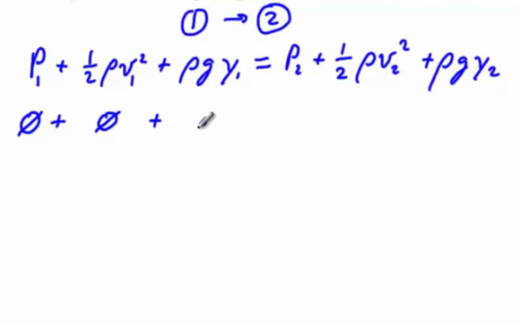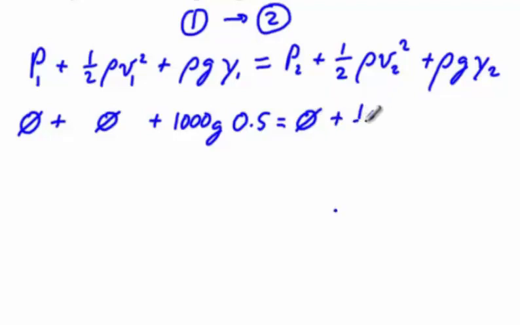And finally, since we've called y equals 0 at location 2, we will have a potential energy term at location 1. This will be the density of the fluid, which is water, times g times the height at location 1, which we found in the previous part of the problem to be half of a meter. At location 2, we still have 0 pressure, since the water again touches the air as it exits the hole, filling our boat.